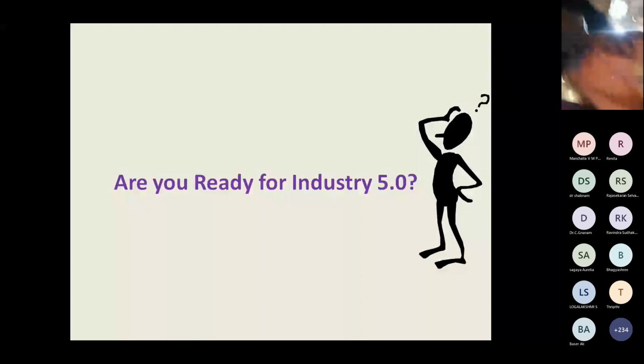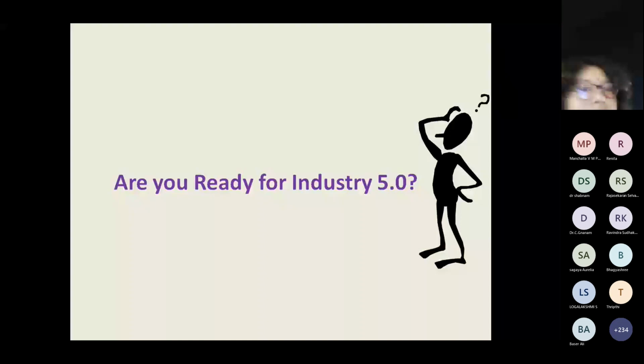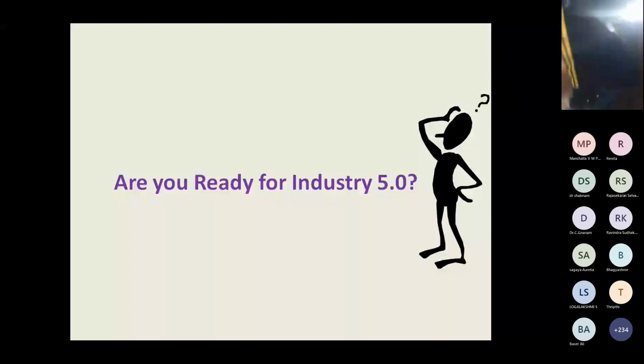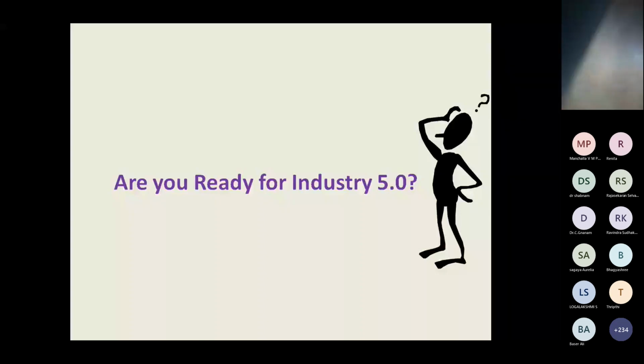Sir, I hope they are clear about the session, because you are introducing machine learning as a part of immersive technology, with the help of the 360 degree view. As you already mentioned, in future the market is also adopting immersive technology.